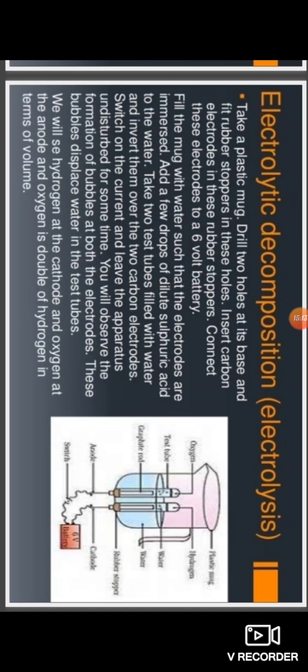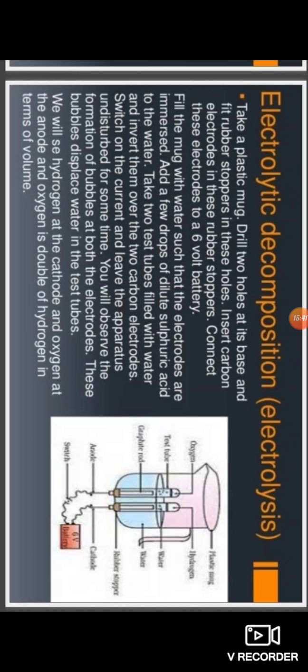So you have to observe that when the two test tubes filled with water are inverted over the two carbon electrodes, and the current is switched on and the apparatus left undisturbed for some time, bubbles form at both the electrodes. These bubbles displace water in the test tube.